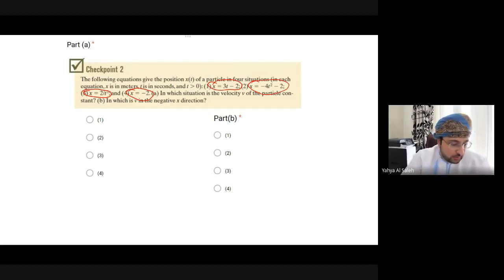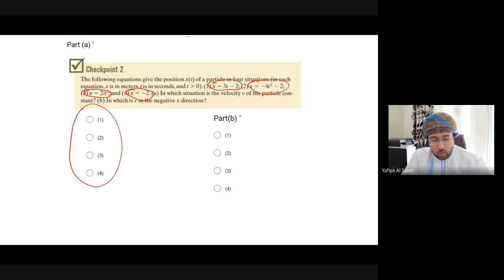Excellent. Perfect. So we take the derivative, and for the first part, where is the velocity of the particle constant? The derivative of number 1 will just give us the number 3, so 1 is correct.